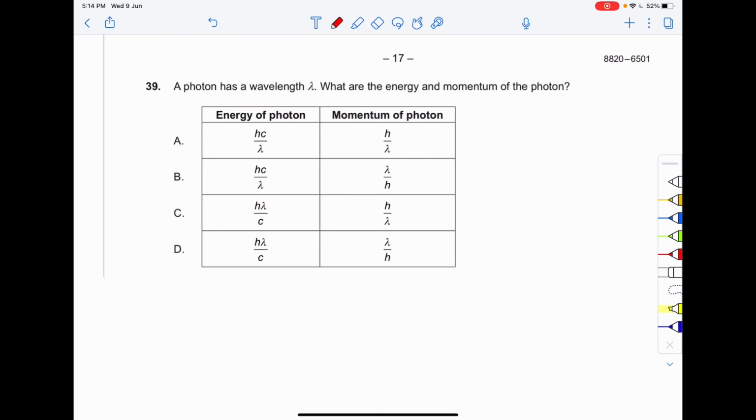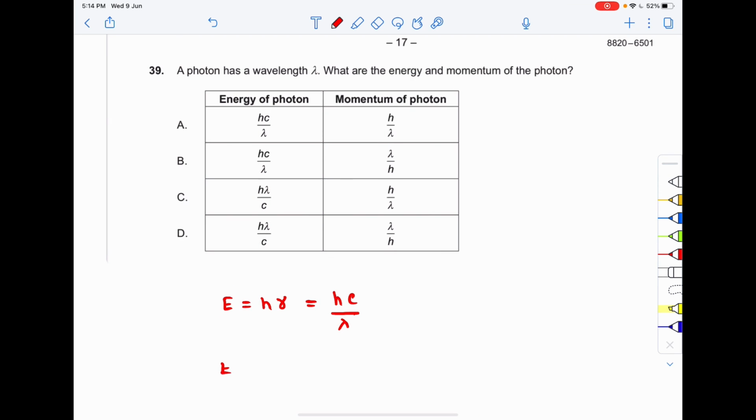So proceeding on to the next question, the photon has a wavelength lambda. What are the energy and momentum of the photon? We know that energy is equal to h nu, where nu is the frequency of the photon. And nu can be written as c by lambda. So energy becomes hc by lambda. Again, energy can be written as p into c, where p is the momentum and c is the speed of light.